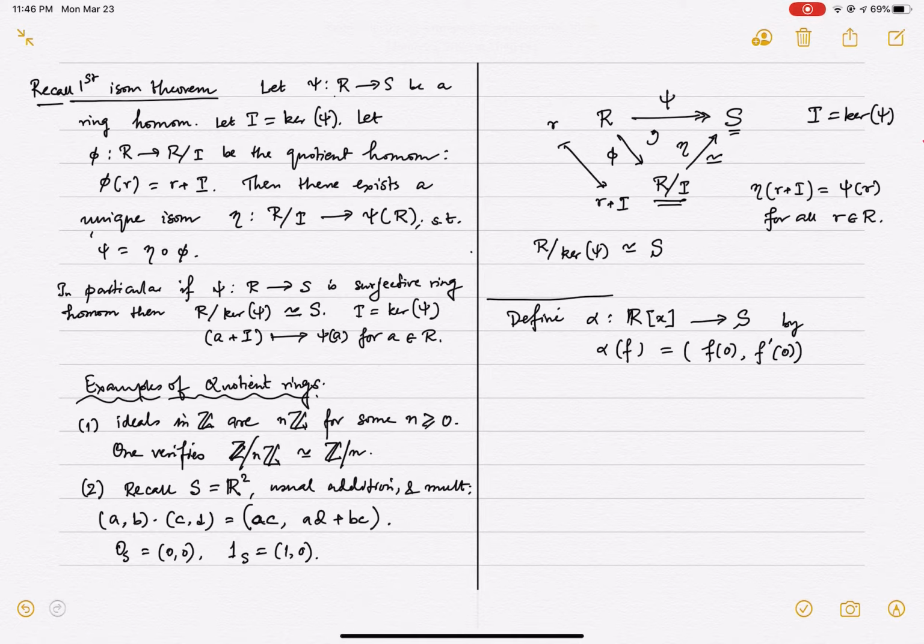By derivative, I mean the calculus derivative. It's after all a polynomial, which is a function. You can differentiate it. You just have to know the rule that derivative of sum is sum of derivatives, scalars come out, and the derivative of x to the n is n x to the n minus 1.